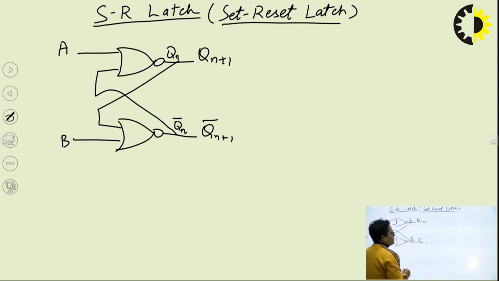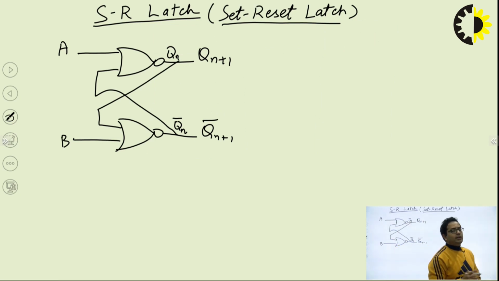Now as this is my NOR latch, a latch formed by using NOR gates, concentrate on two concepts related to a NAND as well as a NOR. The concept is, suppose I have a NOR gate with two terminals, and one terminal's value is provided, but I don't know the value of the other terminal.